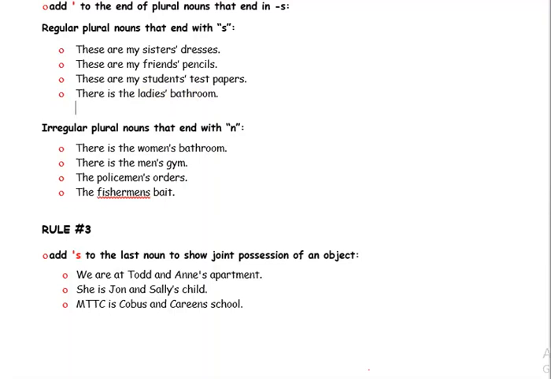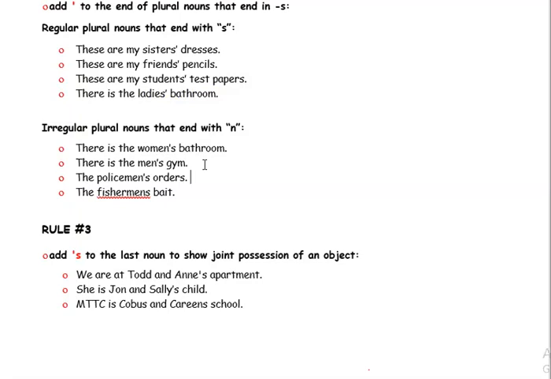One sheep, many sheep. One fish, many fish. Right? The same thing with women. One woman, many women, ending with M-E-N, right? One man, many men, not men's, right? One policeman, many policemen, with M-E-N, okay?